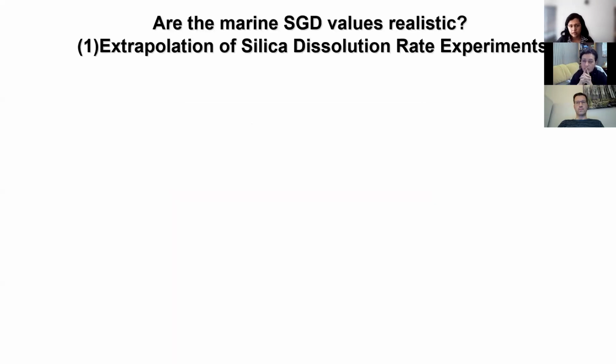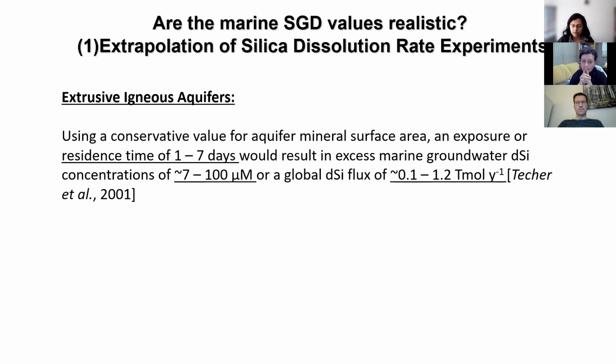So, okay. We supported our data by looking at silicate dissolution experiments. A lot of these experiments occur with volcanic glass or cleaned quartz fragments. And we used Tesher et al. because they actually used different ionic strength fluids for their leaching experiments.